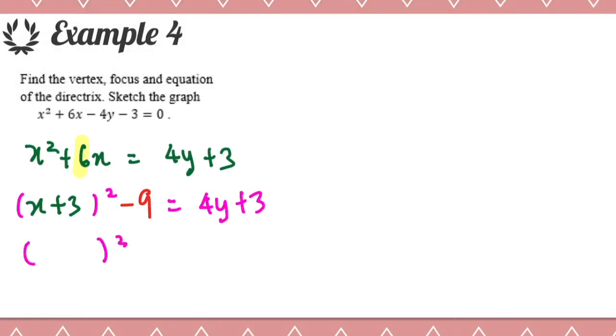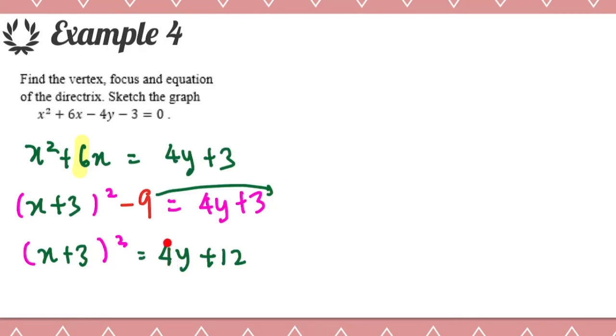Okay, so let us conclude our completed square here. This is (x plus 3) squared equal to, so bring everything towards your right hand side. So it is 4y, and solve 3 plus 9 here, which is equal to plus 12. So our left hand side here is settled already because we have completed the square. However, the right hand side is not settled yet.